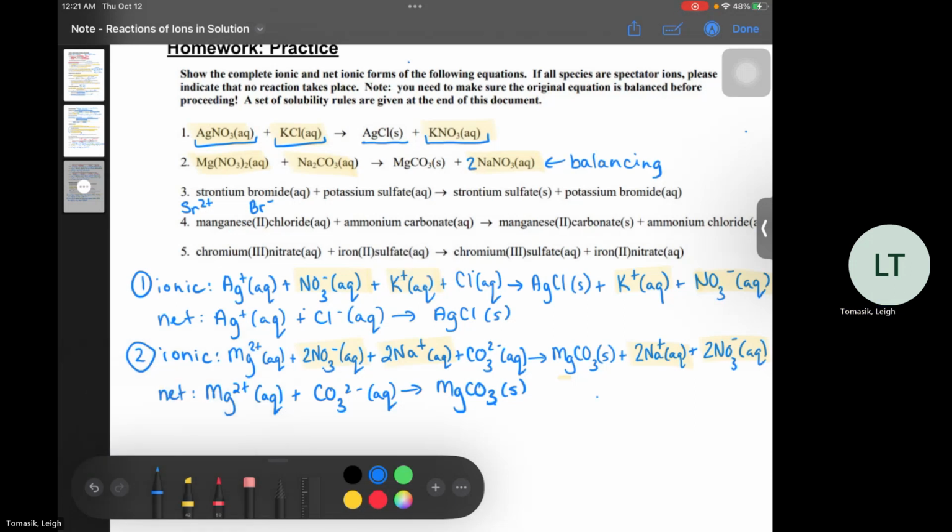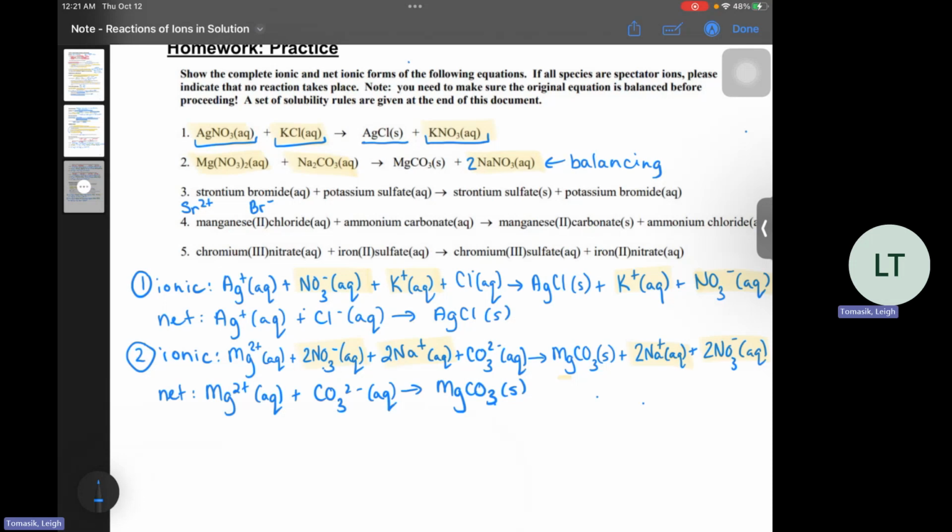So we have potassium, which is K+, sulfate, which is SO4 2-. We have strontium sulfate, which is Sr2+ and SO4 2-. And then we have potassium bromide. Okay, so let's do all three here.